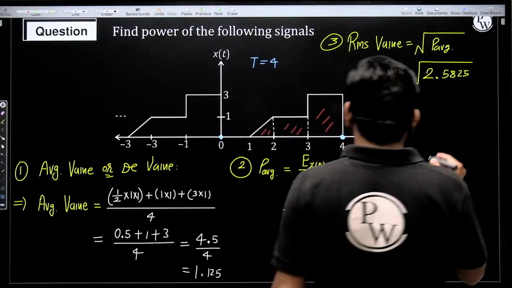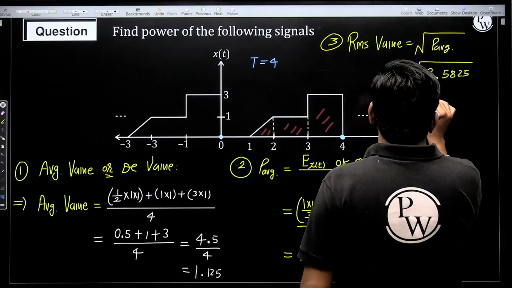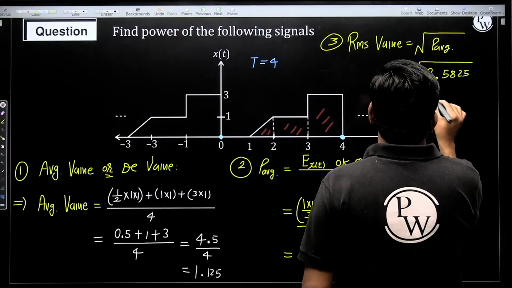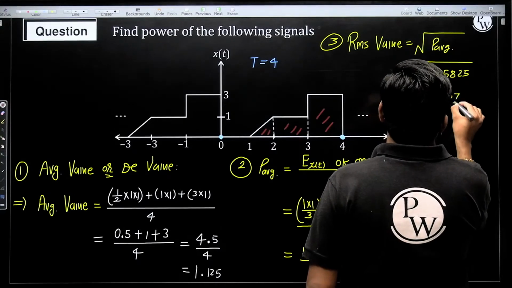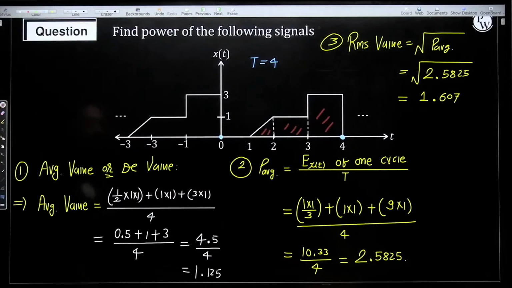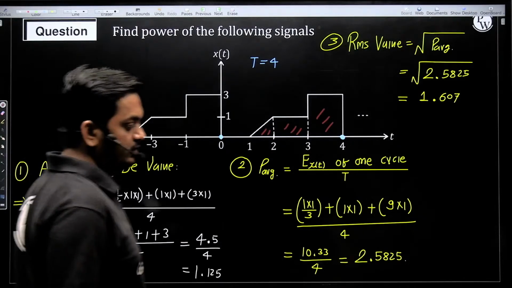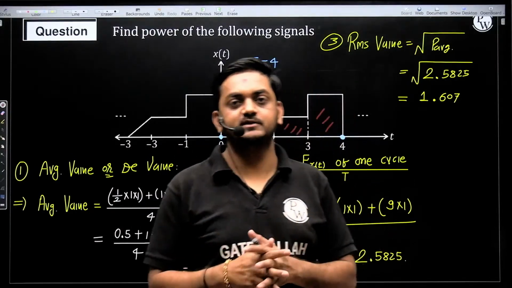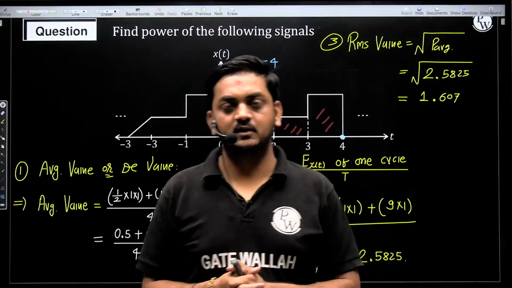The RMS value is 1.607. And if you again calculate the total energy, then the total energy will be infinite, as this is a periodic signal. Is this clear to each and everyone? Tell me in the comment box. Clear, guys?